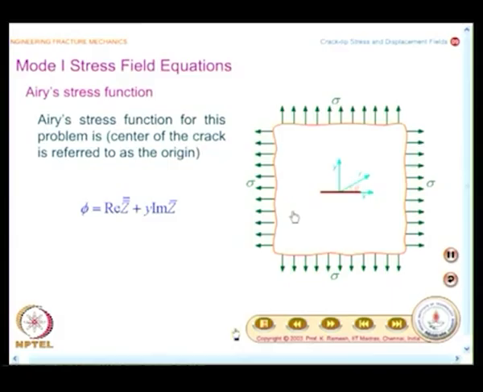So, all those approximations you have to keep track of. In fracture mechanics, when some equation is specified, you should know whether it is referred with respect to the crack center as the origin or the crack tip as the origin. So, keep this at the back of your mind.